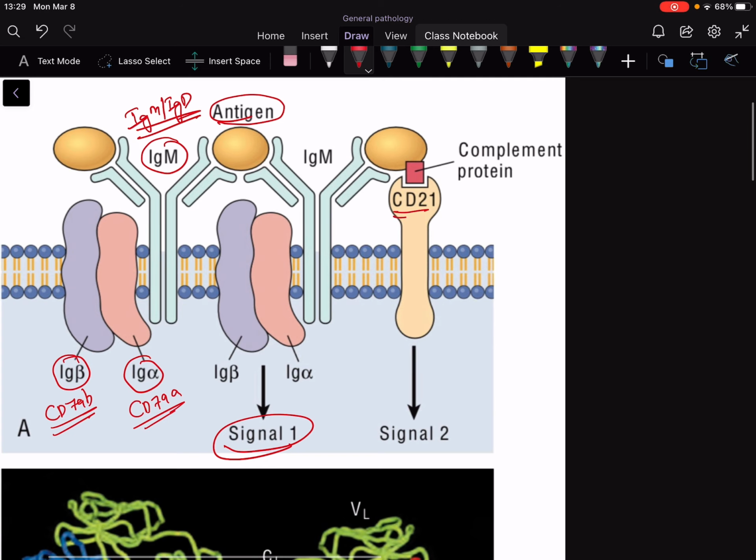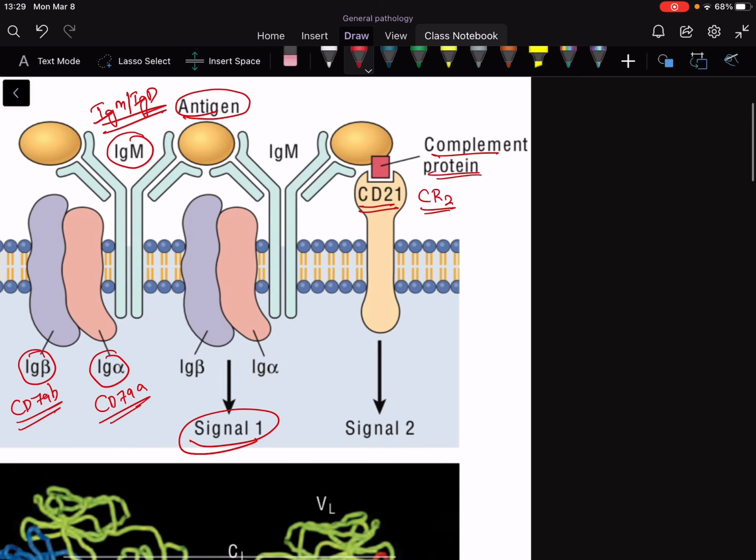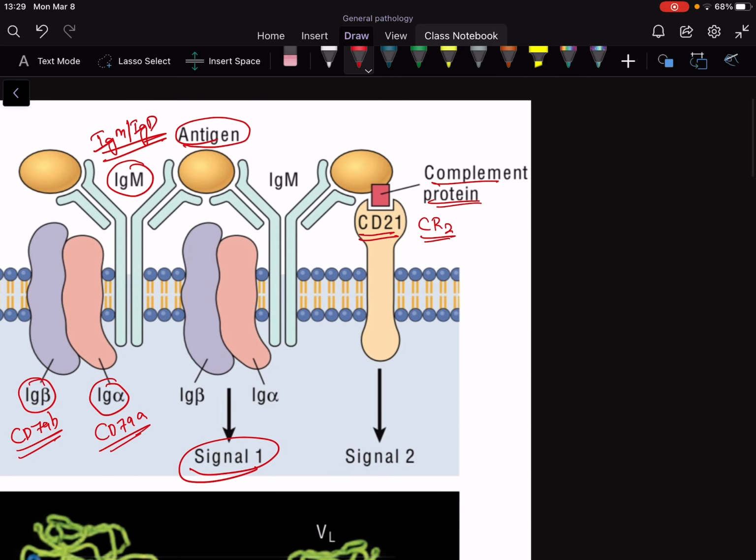And you can see here the CD21 or CR2 receptor protein, which is called complement receptor type 2 protein, helps in the activation of B cells. You have to note another important point, that Epstein-Barr virus attacks this complement receptor 2 protein or CD21 and gains entry into the B cells.